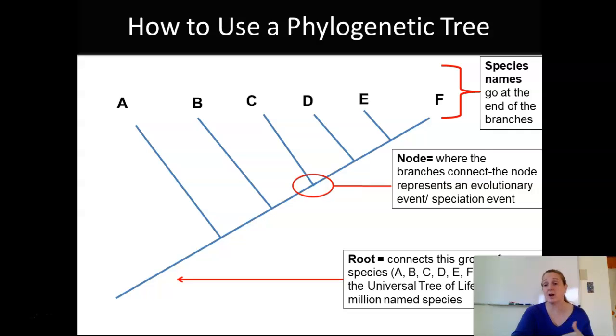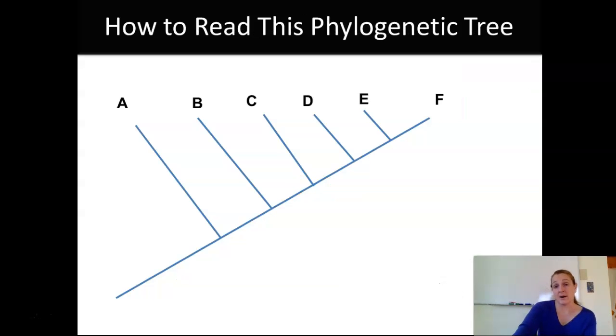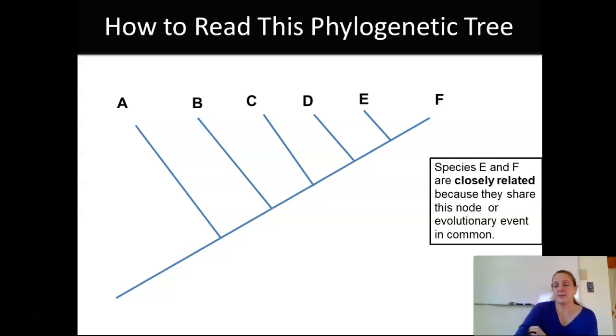In other words, I always want to communicate that I'm zooming in on just a very small portion of life on this planet, and I know that these individuals are connected to everything else that we have learned about and discovered on this planet. So when we read a phylogenetic tree, what we're going to say is that species E and F are closely related to each other because they share one node in common.